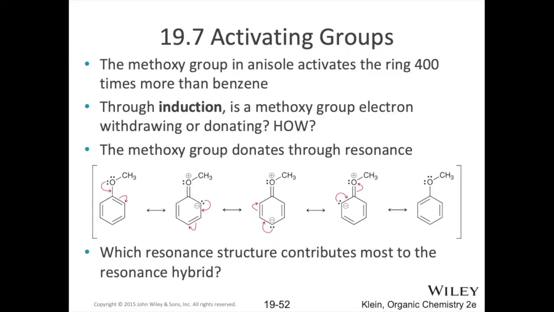In addition to alkyl groups, which are activating through hyperconjugation, alkoxy groups are also activating groups, and they activate the benzene ring through resonance. All right, so basically the lone pair on your oxygen pushes electron density into your ring through resonance structures.